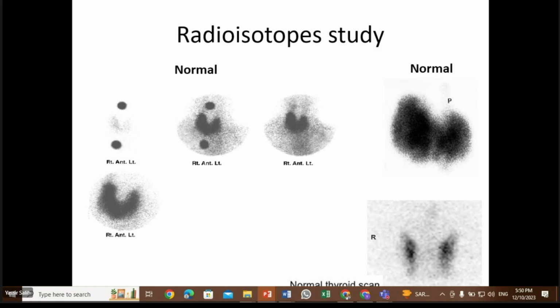This feature is compatible with a normal thyroid.